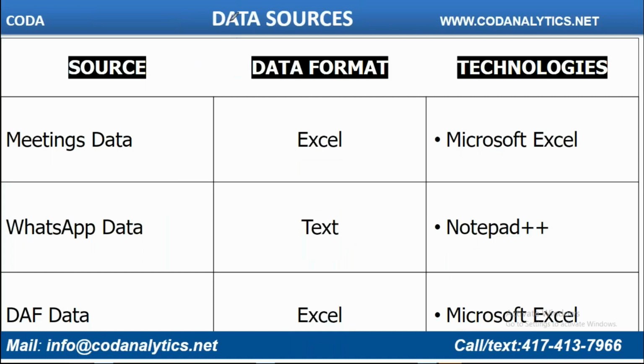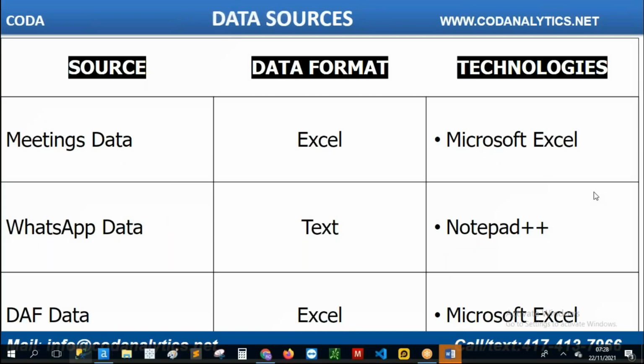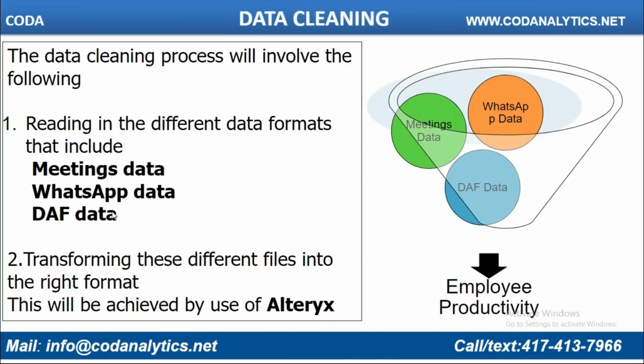Let's now go ahead and look at the next thing, which is data cleaning. Data cleaning follows various processes, and that is what we are going to look at in today's session. The data cleaning process will involve the following. The first part is reading in different data formats, that is, we read in from the source the meetings data, the WhatsApp data, and the DAF data.